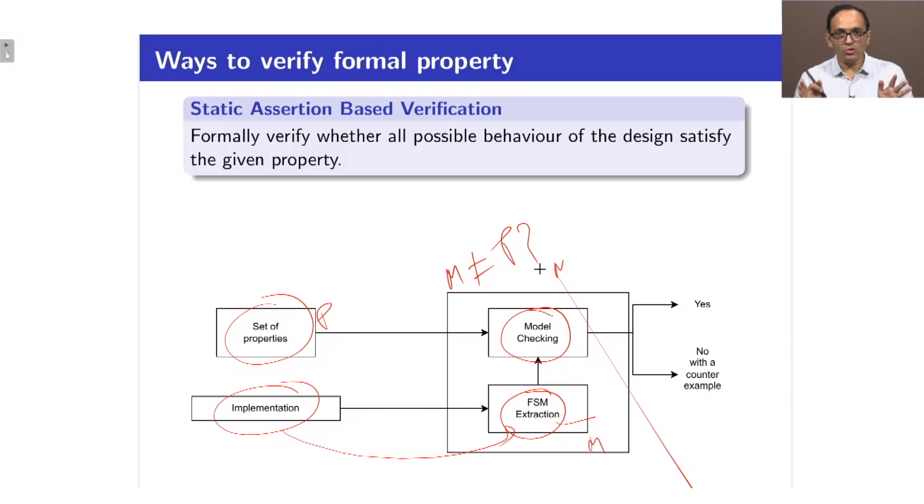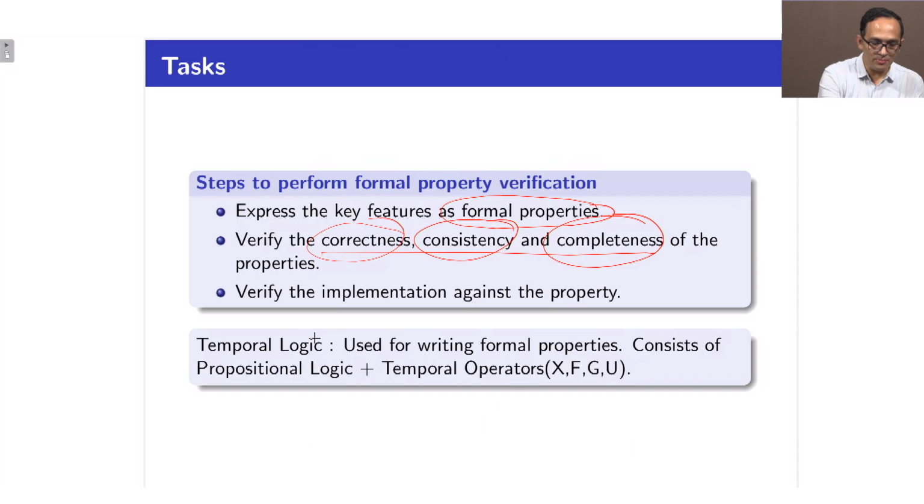Okay. So, in this course, what we are mostly focused on is, first of all, somebody has to write the properties. So, how do you write the properties, what logic, is it propositional logic or something else? Usually, the properties are written in temporal logic. Why temporal logic? Because time is involved here.